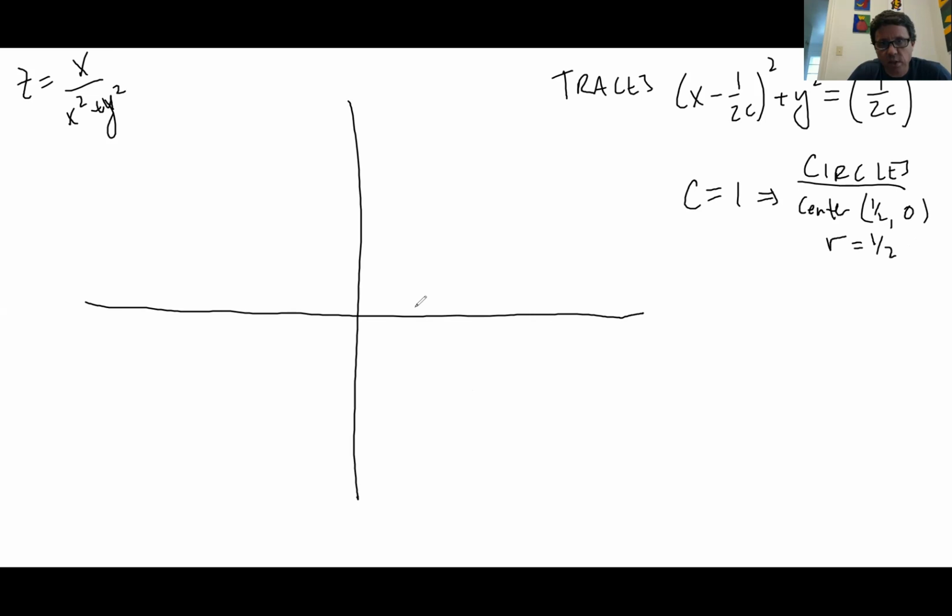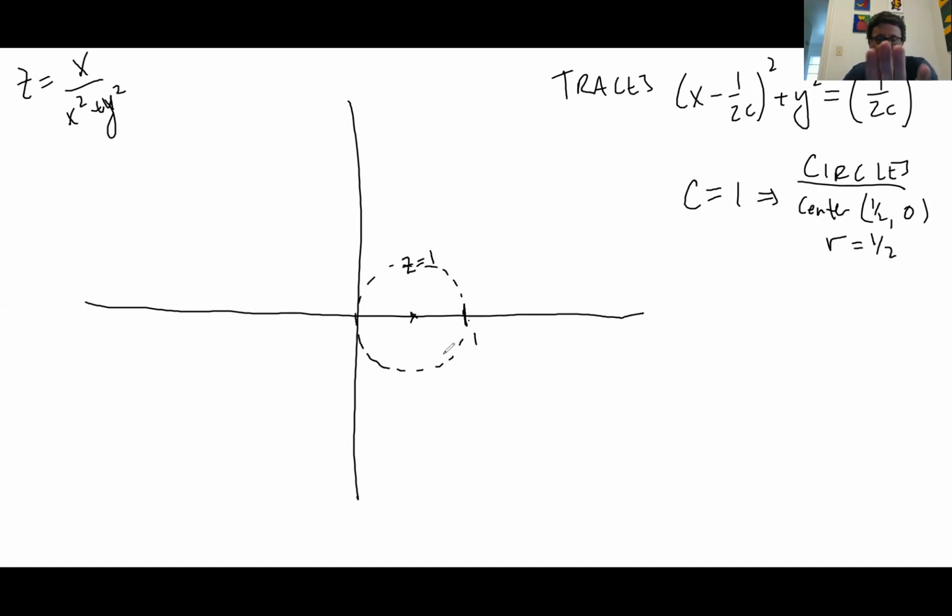So if here's 1, the center is there, and the radius is half. So it actually comes around and it hits the origin like that. And that is when z is 1. So that's my elevation profile, or my isotherm, or whatever you want to call it.